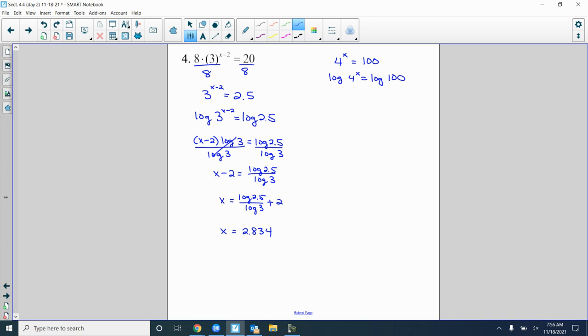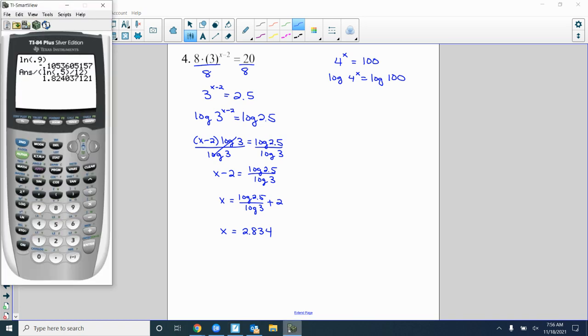Now what I'm going to do is a quick check to see if that looks approximately right. So I'm going to plug it in. I get 8 times 3 to the 2.834, I need a parenthesis here, and then minus 2.